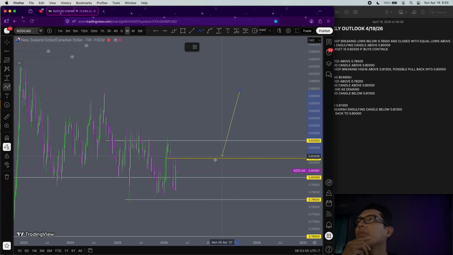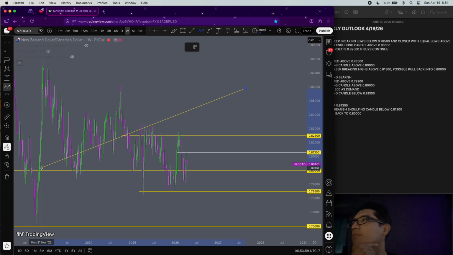You can see on the weekly we have a bullish engulfing candle above 0.80, right? And 0.80 is a strong area, a key level. Above it, buys. Below, sells. And we currently just closed with a huge bullish engulfing candle above.